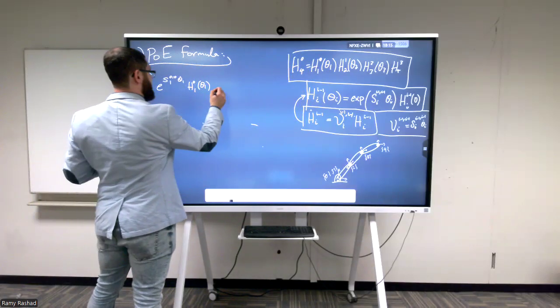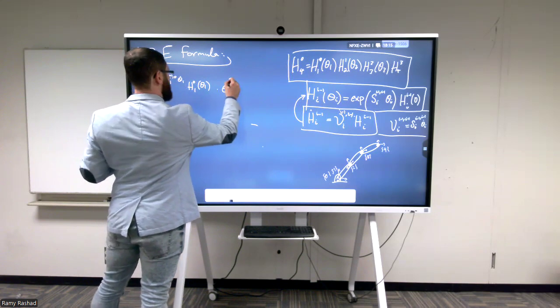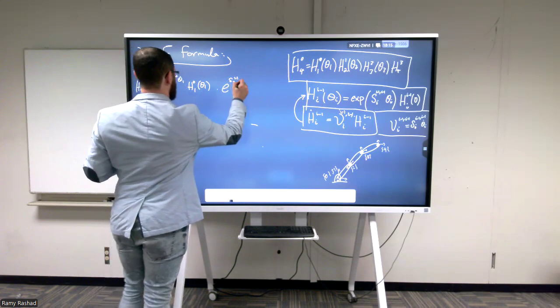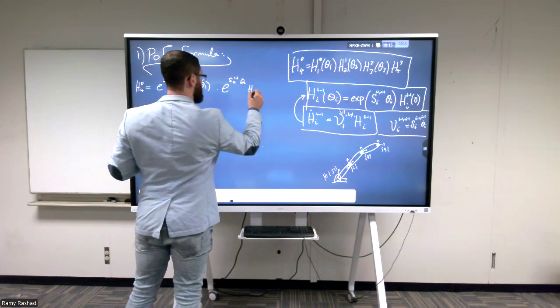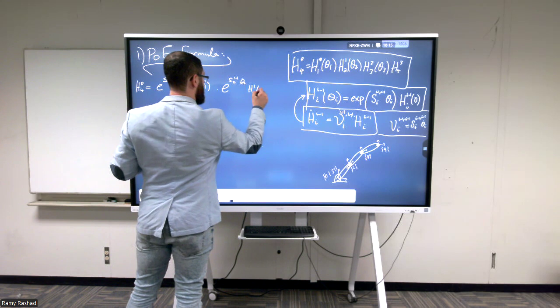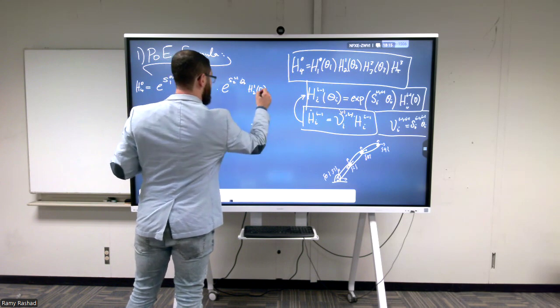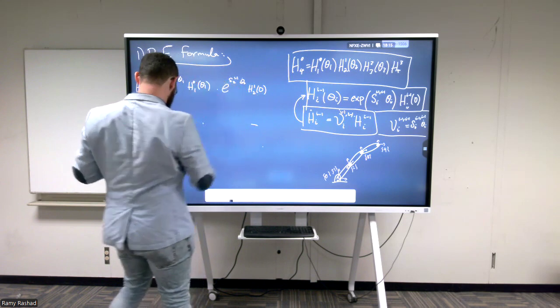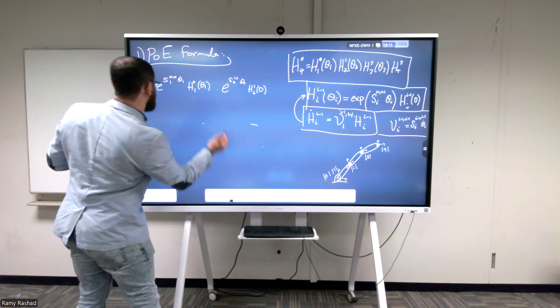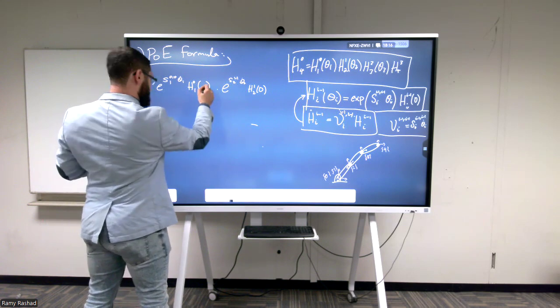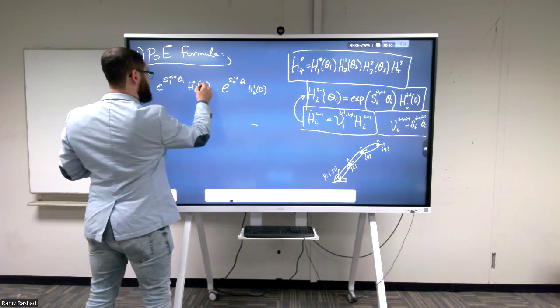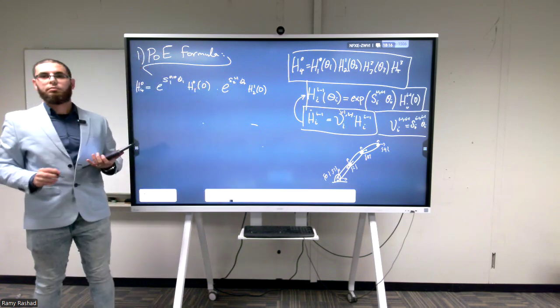And then I'm going to have multiplied by E S 2, 1, 1, theta 2 dot, H 2, 1, 0 of theta 2. This one is not correct. This should be 0.